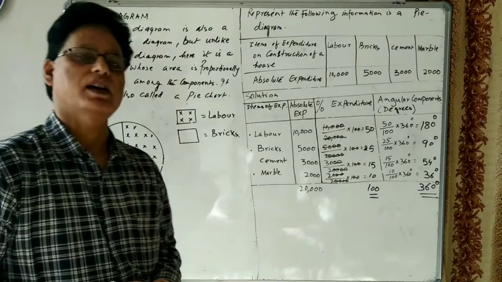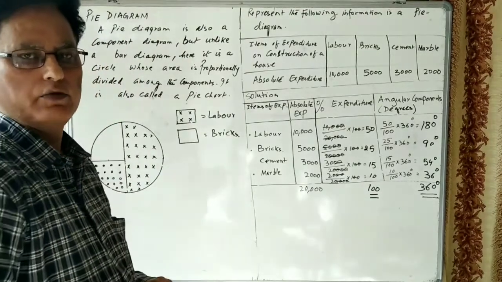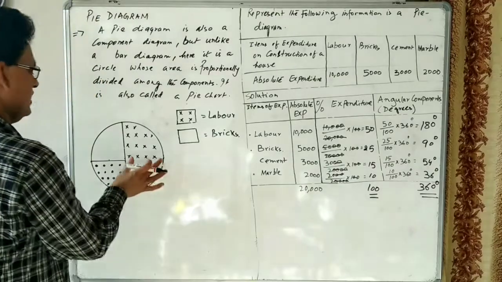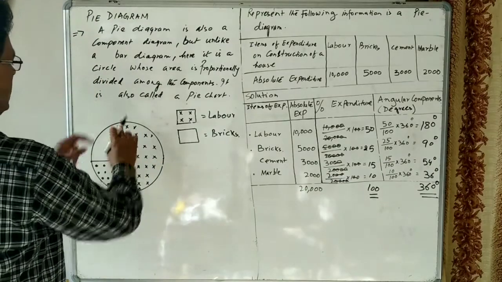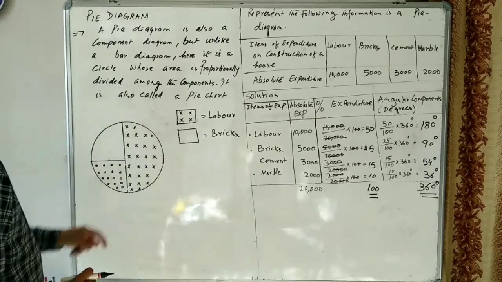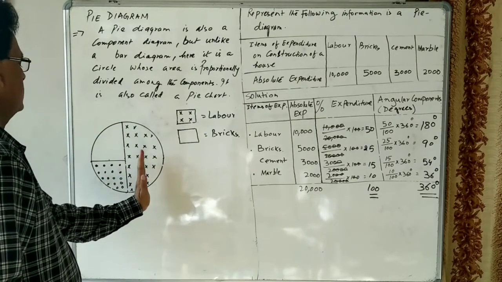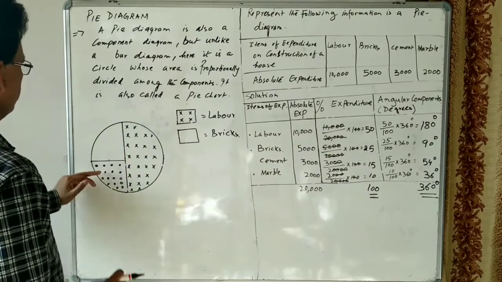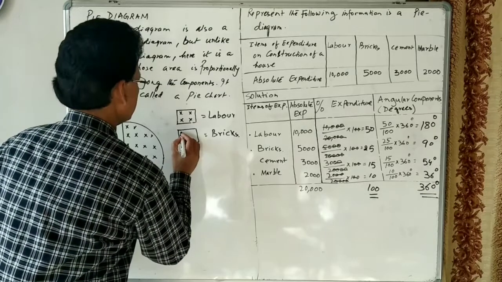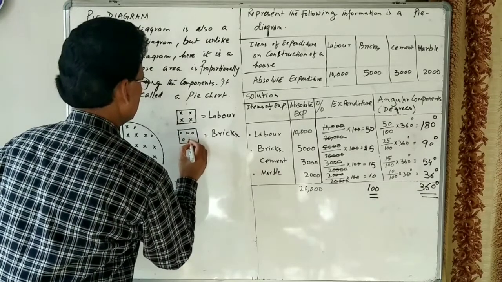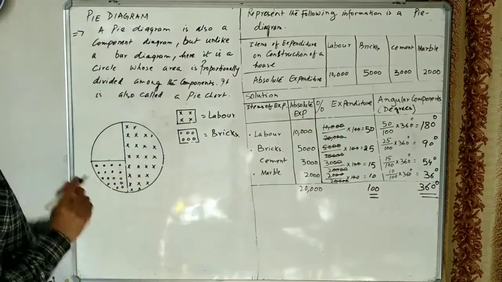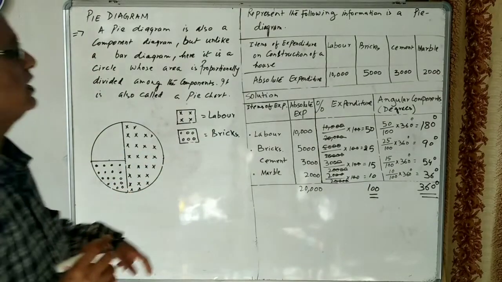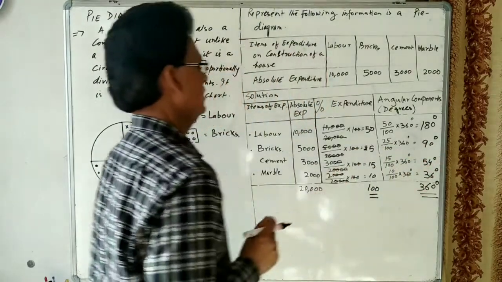There is no hard and fast rule about where you take the radius. You can start from here also. So I have started from this point. This is 50%, that means 180 degrees. Then 90 degrees is bricks. And the third one is 54 degrees.